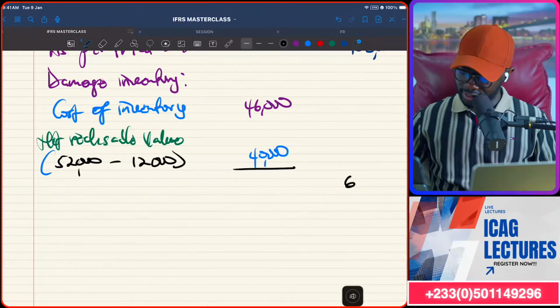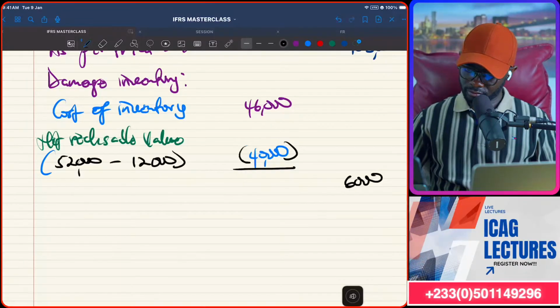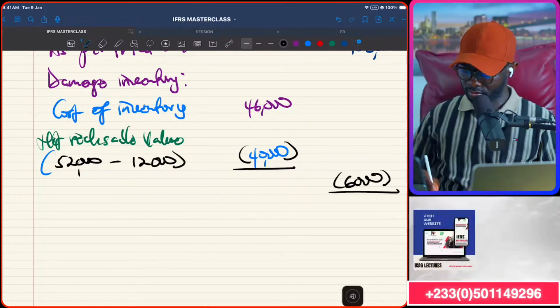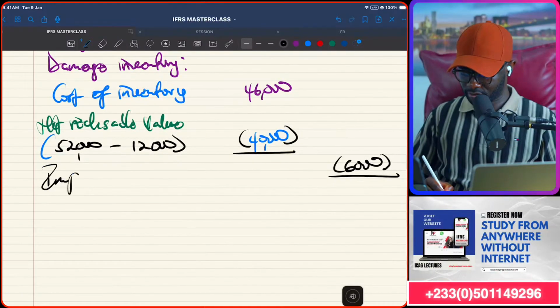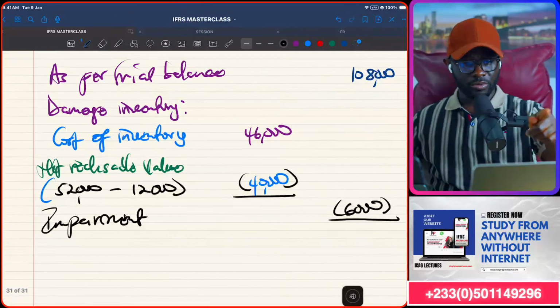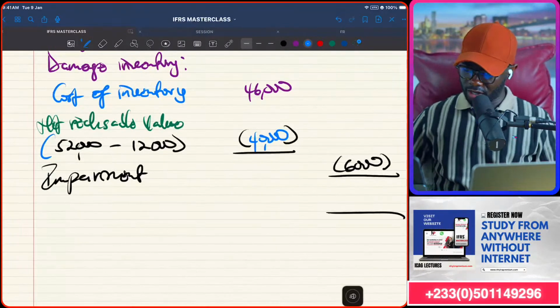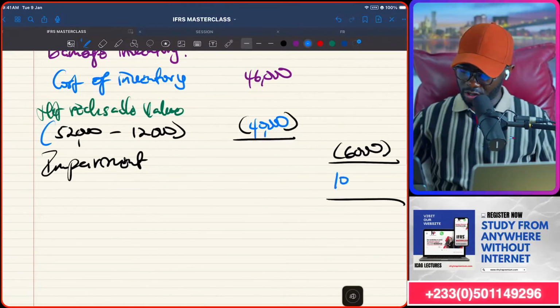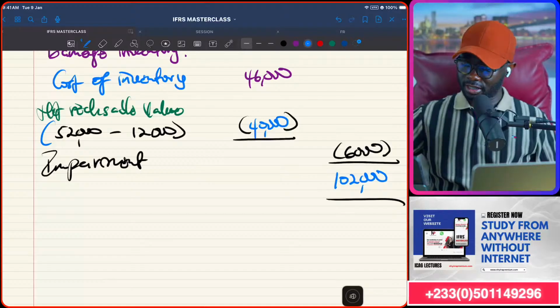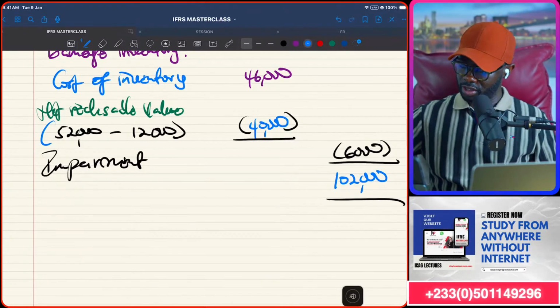So there is a 6,000 impairment, so that it will be deducted from above, and the value of the inventory will now be 102,000. That is what you must understand about this particular treatment.